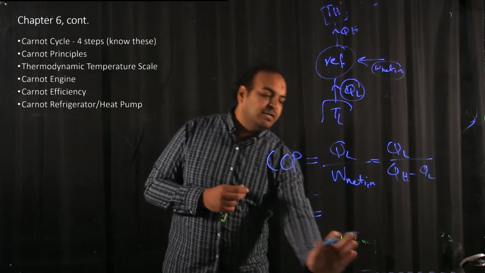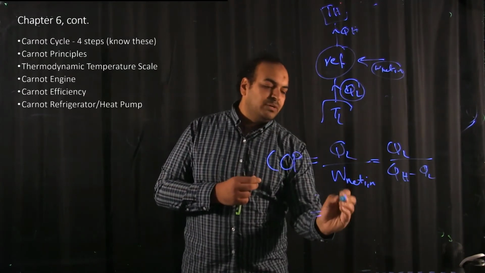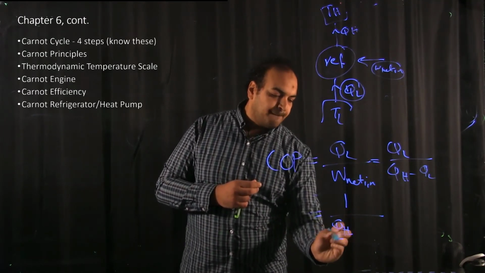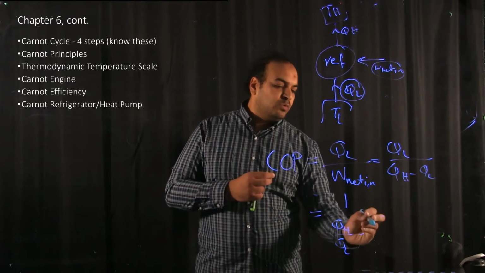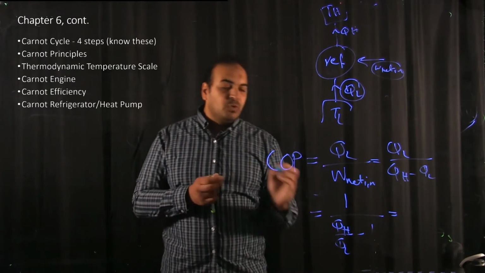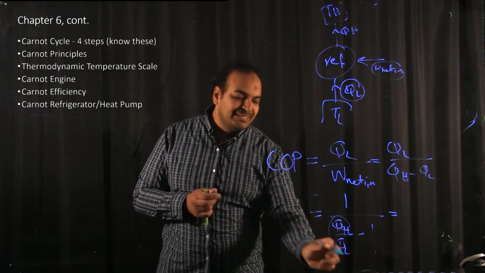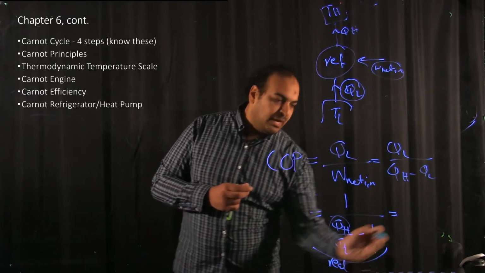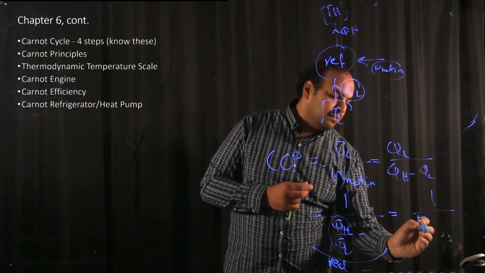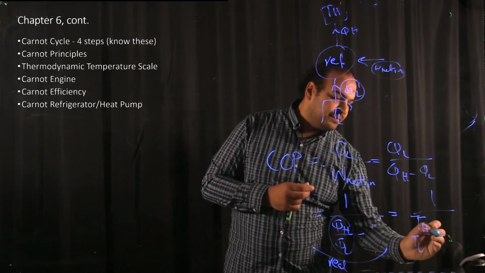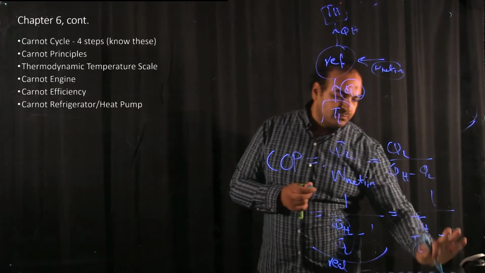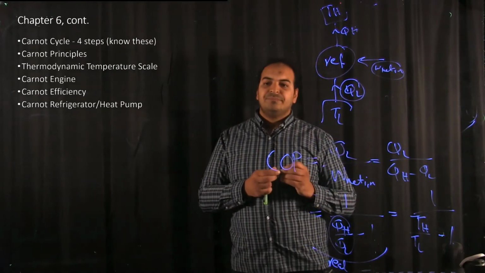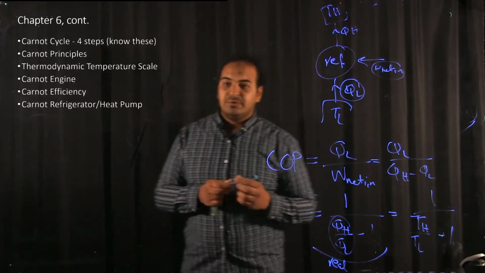Divide everything by Q low: Q low over Q low is 1, and we get 1 over Q high over Q low minus 1. Now, if you are talking about ideal, replace this by T high over T low. So this is the real. Ideally, it's 1 over T high over T low minus 1. This is ideally. Remember.